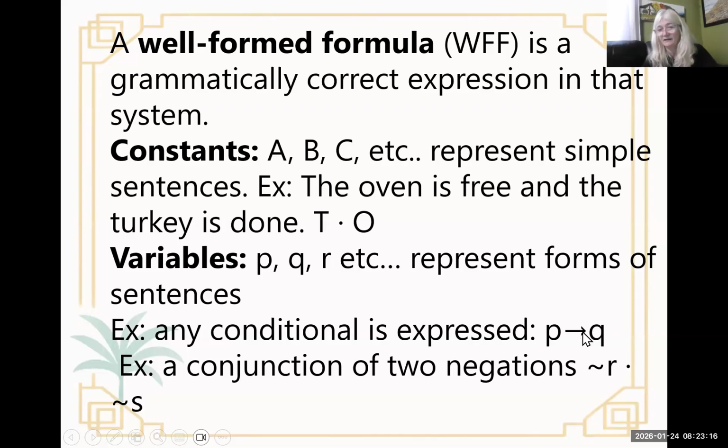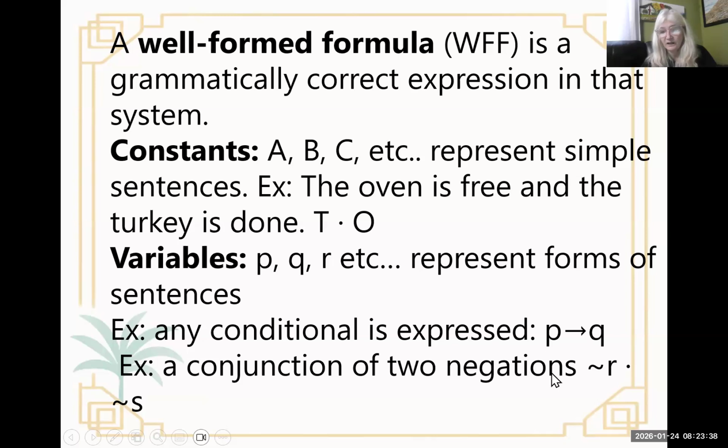So if p, then q, and that is any conditional. I would not put it with the capitals because they represent real sentences with real claims.